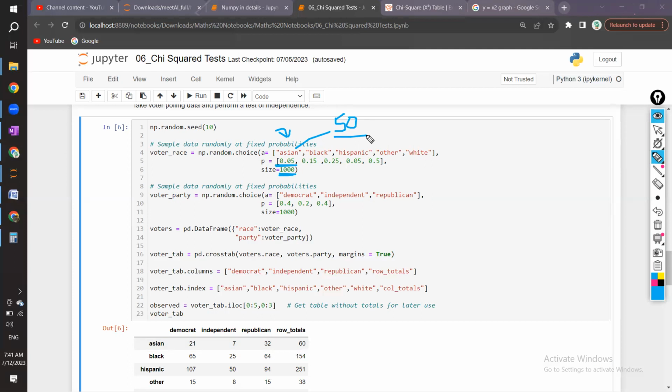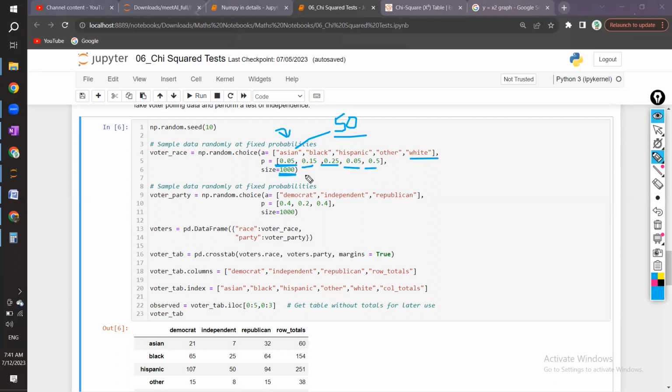Doubts? No. Okay, fine. So this is the sample, guys. Overall 1,000 samples you take. In that 1,000 samples, how do you want to divide? 0.05 to Asian, 0.15 to Black, 0.25 to Hispanic, 0.05 to other, 0.5 to white.